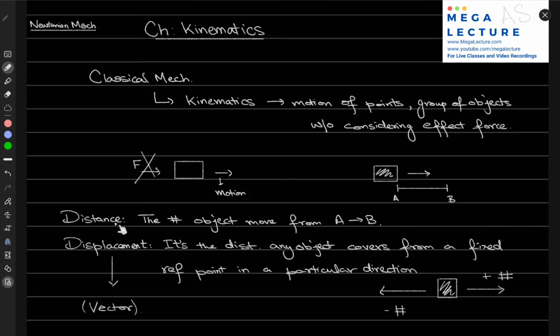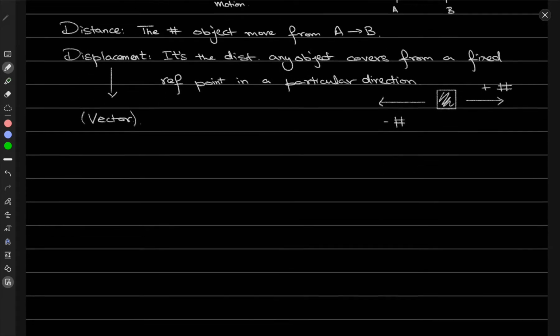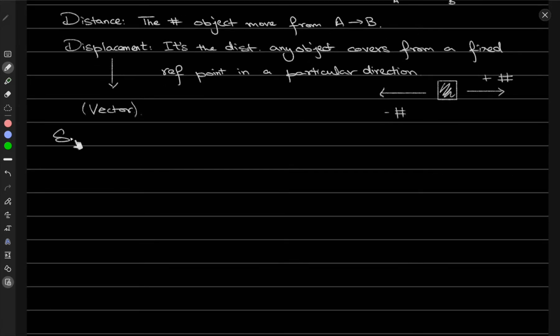Now that we have defined distance as well, let's define something called speed. Speed is directly related to distance, and it is the distance that my object will cover in a given time, right?